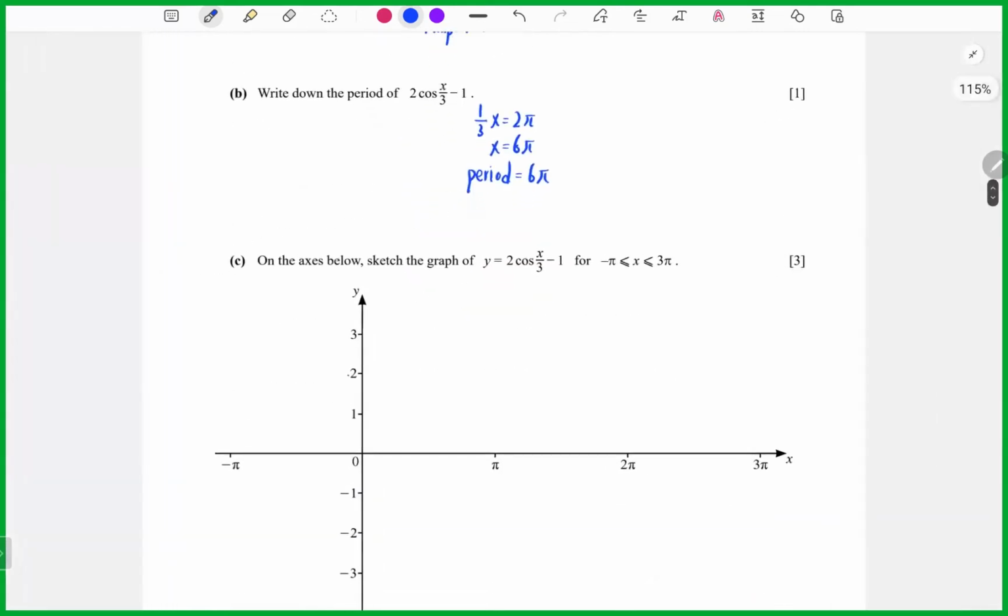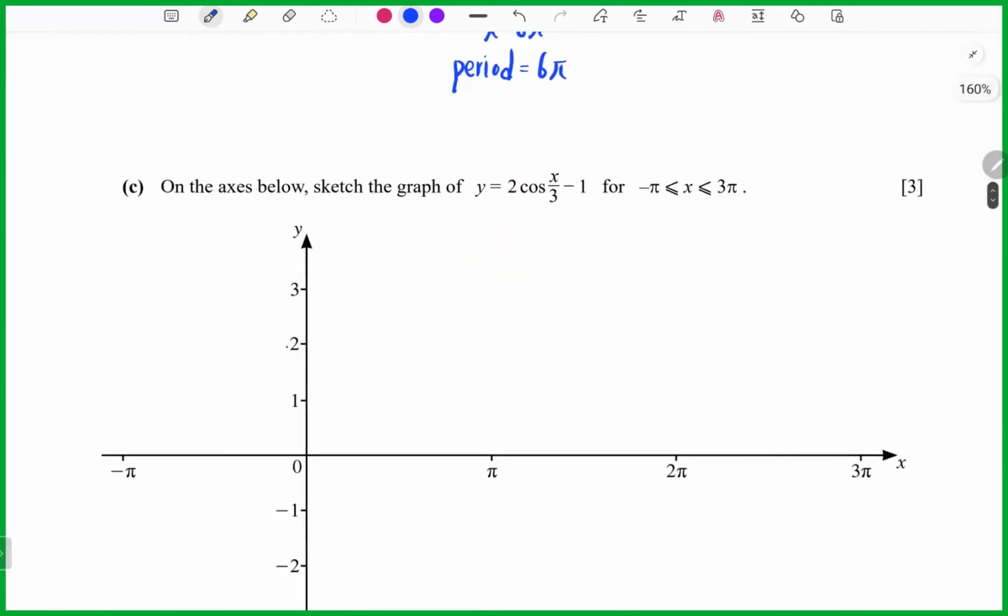Now you see question C. On the axis below, sketch the graph of y equals 2 cos(1/3 x) minus 1. You need to draw it for x between negative pi and 3 pi.